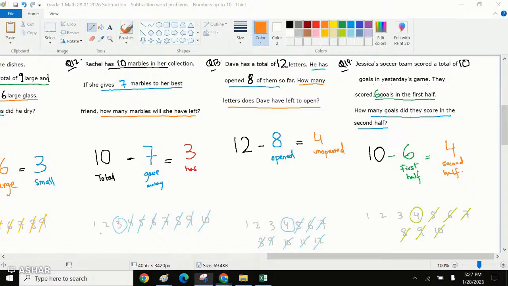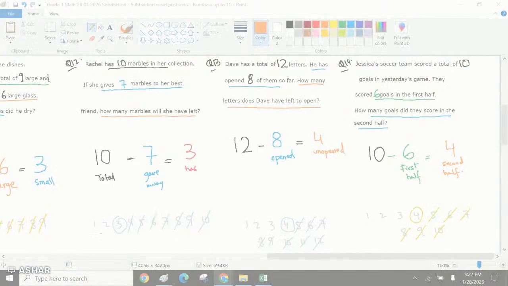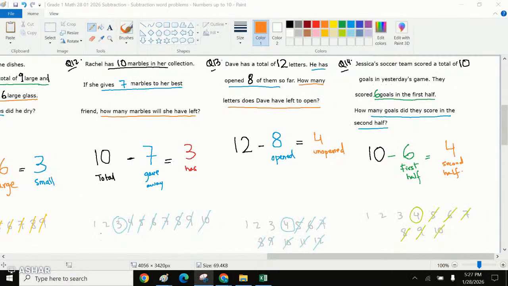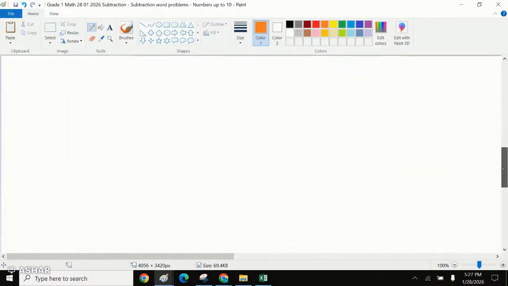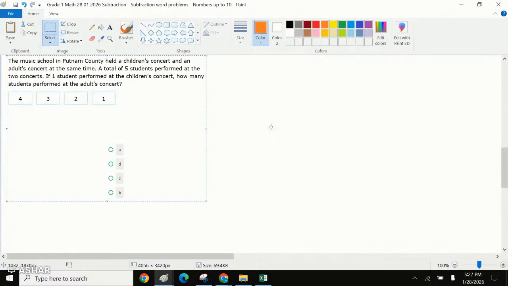Okay, let me just copy the first question from the test. I'll have to realign this. So the first question from the test says, these are the options given to us: 4, 3, 2, and 1.